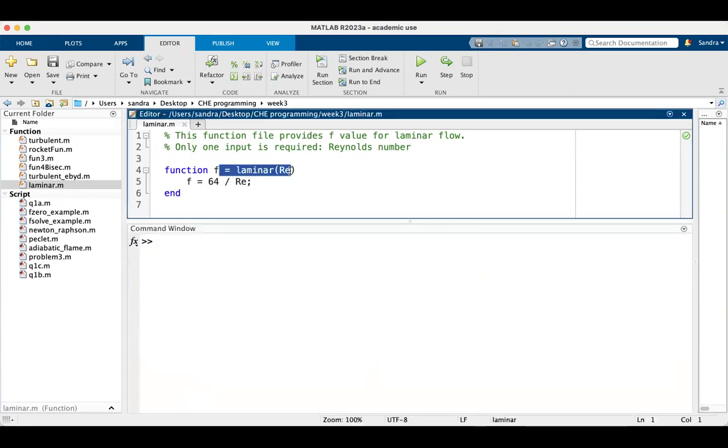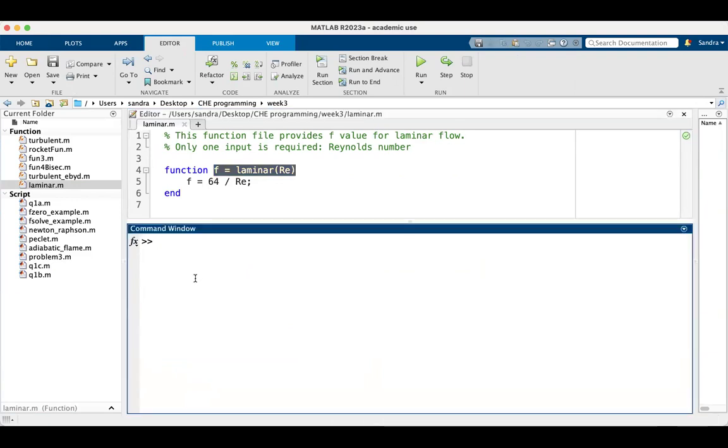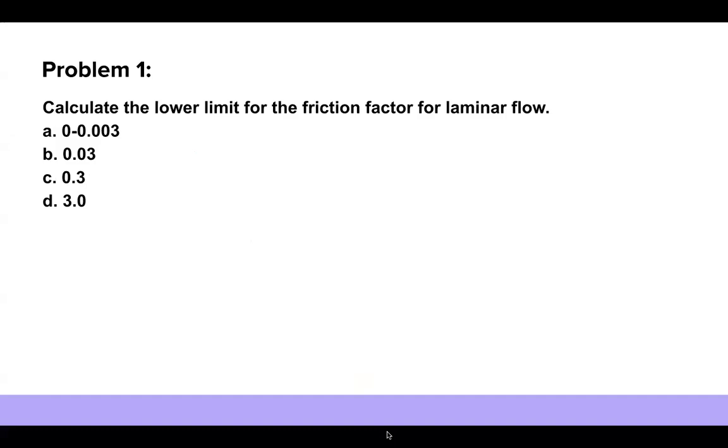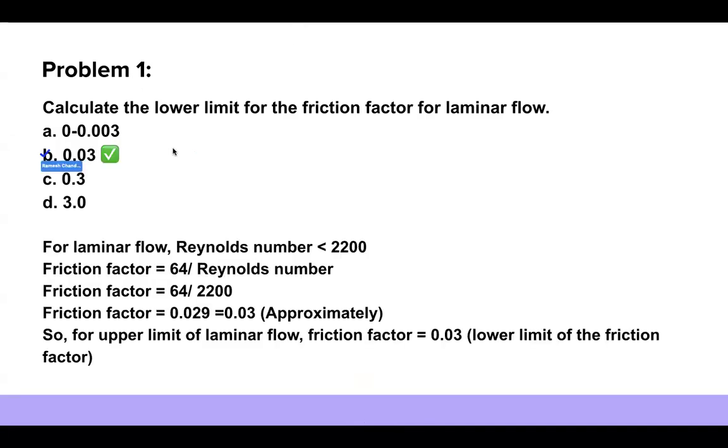So you know the Reynolds number, let us give 2200. Okay. Yeah, the value that you get is 0.0291. Is that in the range? Yeah, sorry. So the value we have is 0.029.